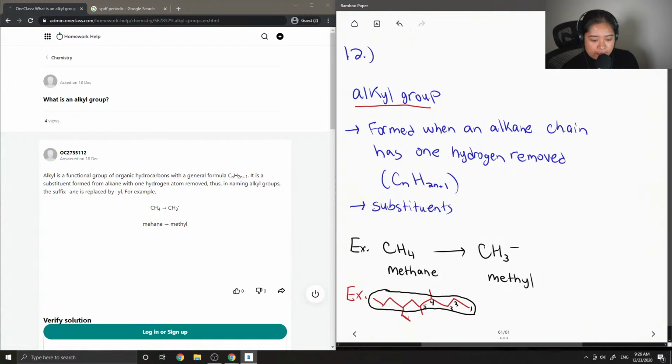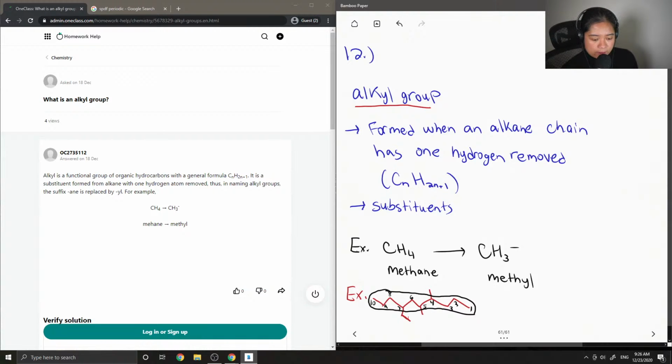So you want to try to have the lowest number of carbons in your name. 1, 2, 3, 4, 5, 6, 7, 8, 9, 10.